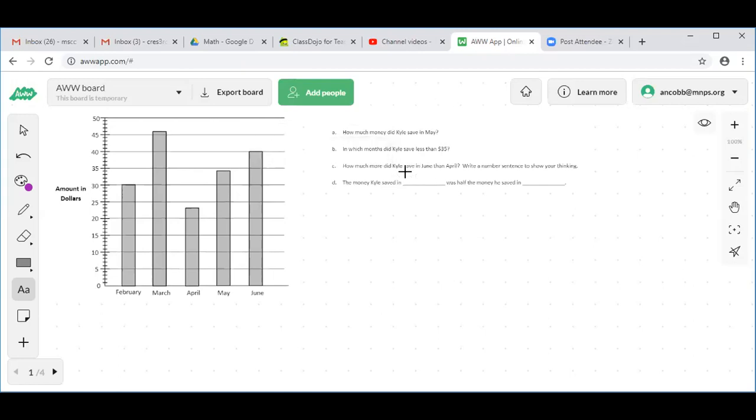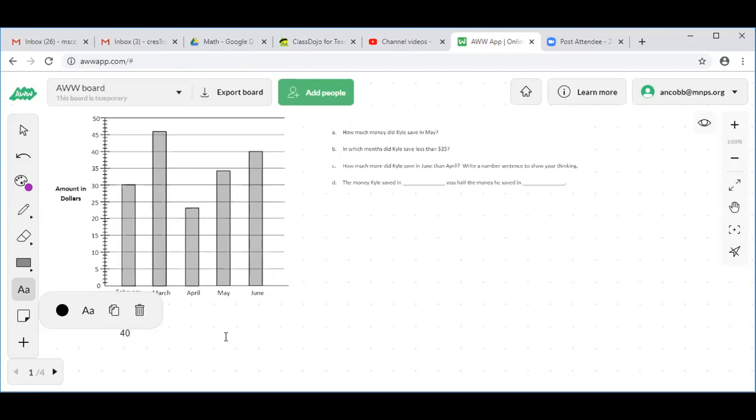Okay. So on C, it asks, how much more money did Kyle save in June than in April? Write a number sentence to show your thinking. So I'm going to do it down here, so you can see the answer. I see that in June, he saved $40.